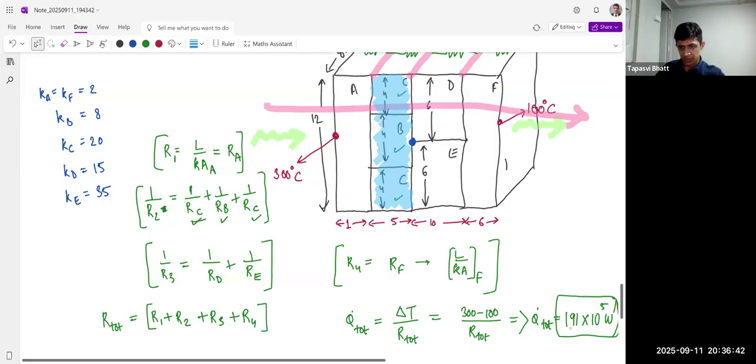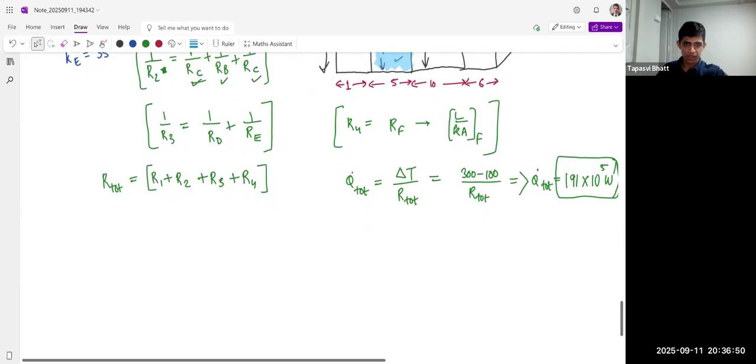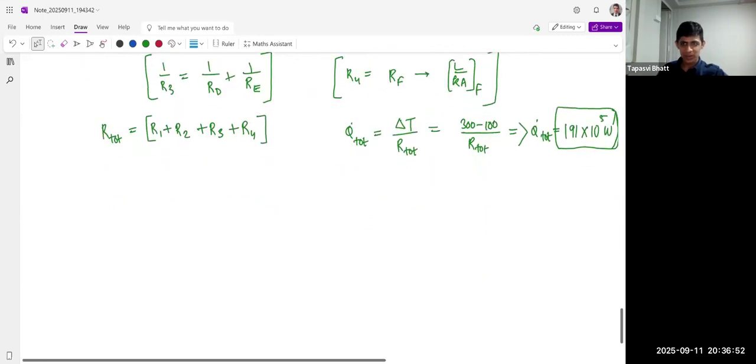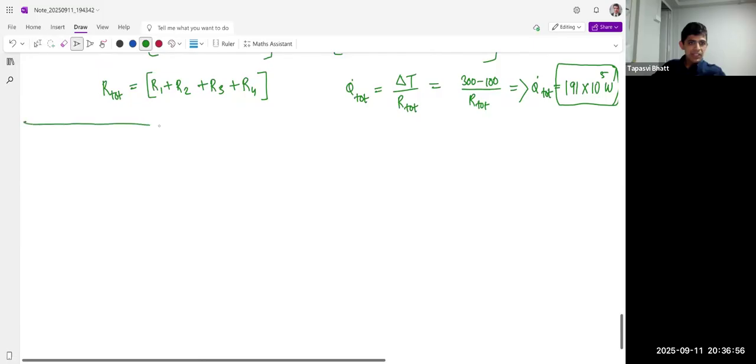There is a good possibility it's 1.91. So if you get 1.91, that's correct. But if you get 191 times 10 to the power 5, that is also correct. So choose accordingly. Okay. Next problem.